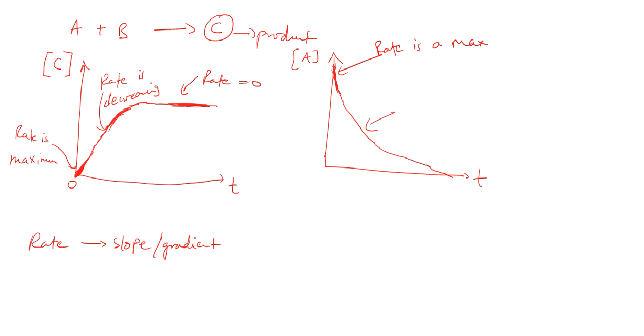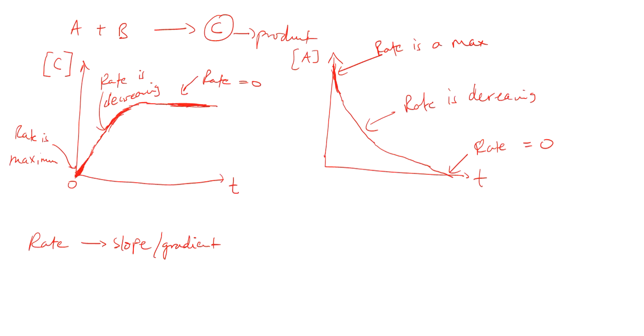In this region here, the rate is decreasing, and eventually the rate becomes 0, right? And the same explanation holds.